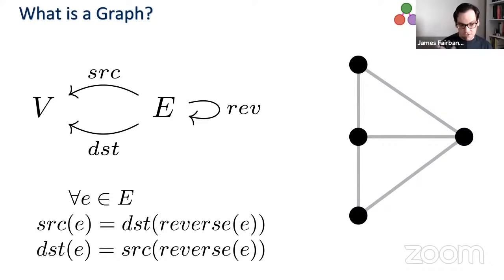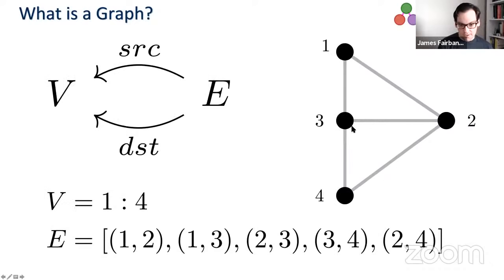So every edge is reversible, meaning there's kind of another edge that is the edge whose destination is the source of the one you started with, and whose source is the destination. So you can always flip the source and destination of every edge. And when we draw undirected graphs, we don't orient the edges.